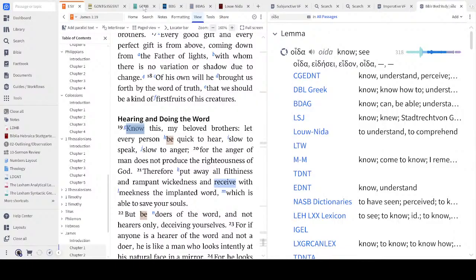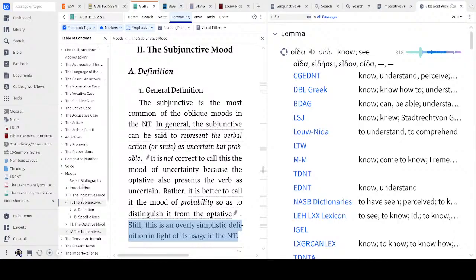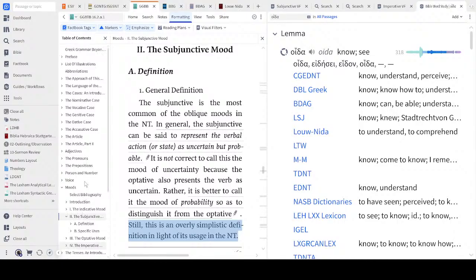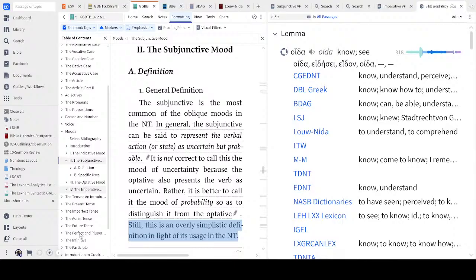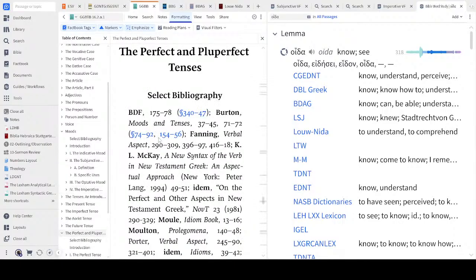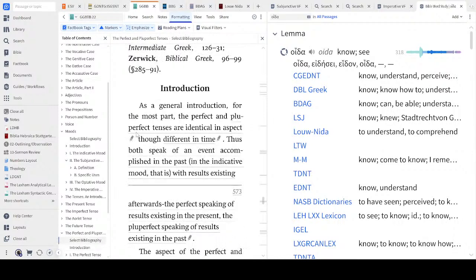Let's go into Wallace, when he talks about the perfect here. As a general introduction, for the most part, the perfect and the pluperfect tenses are identical in aspect, though different in time.